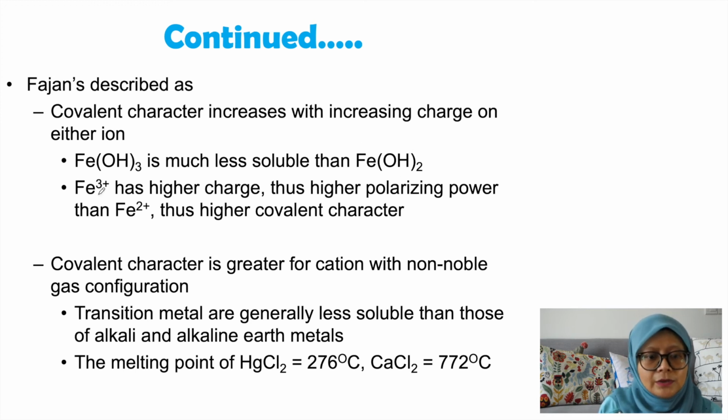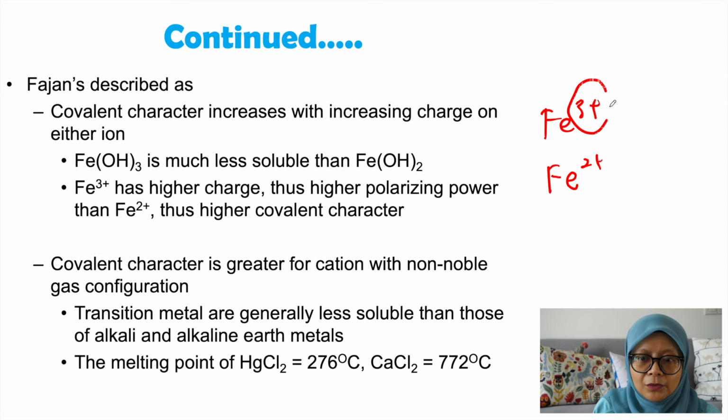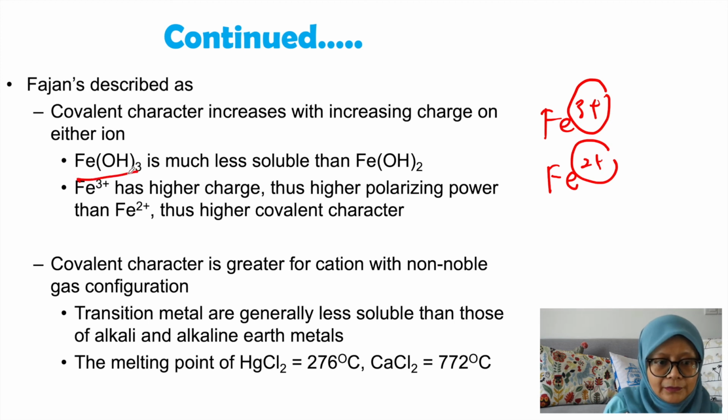Iron 3 has higher charge, so the size of iron 3 is much smaller compared to iron 2, because one is Fe3+ and the other is Fe2+. We remove 3 electrons here, while for this one we remove 2 electrons. And then there's higher covalent character in iron 3.